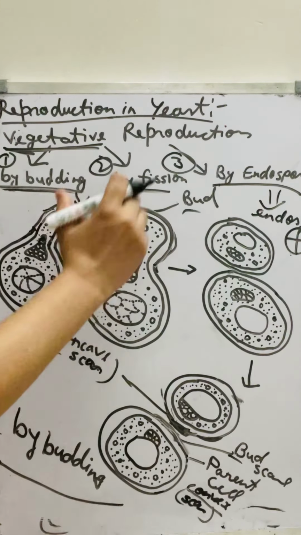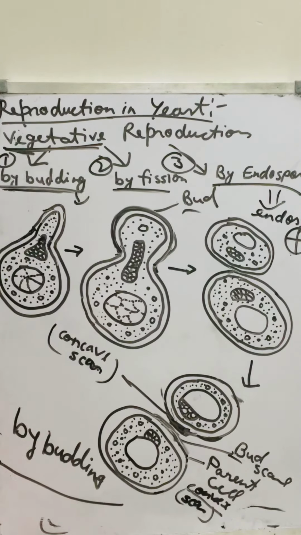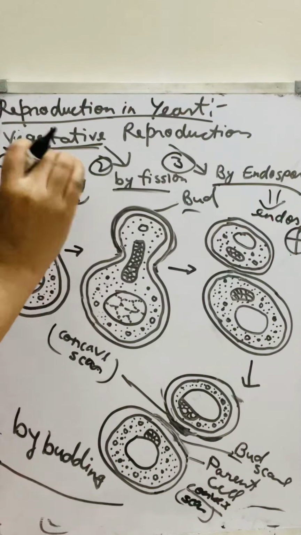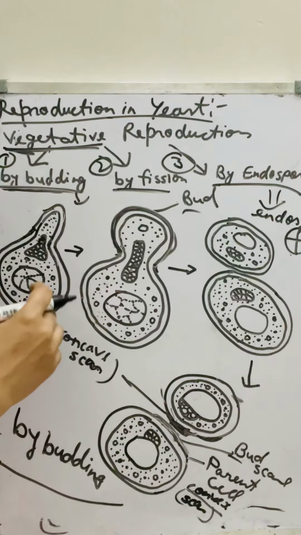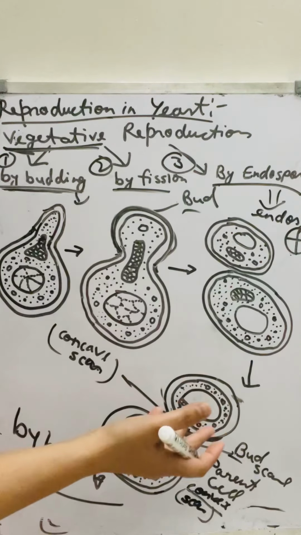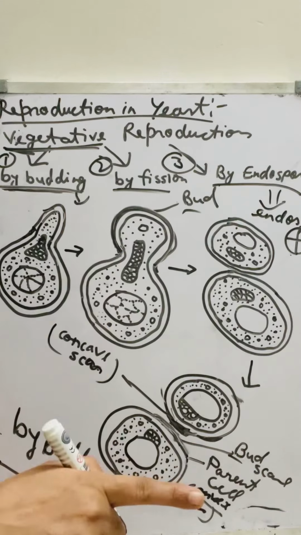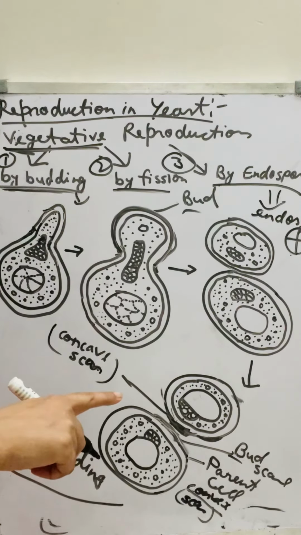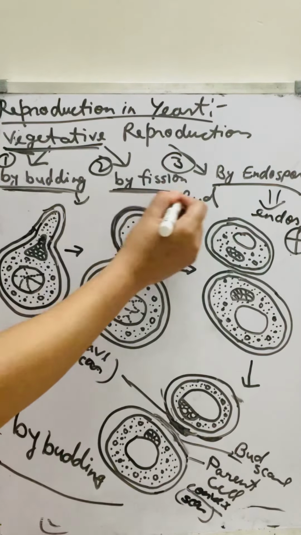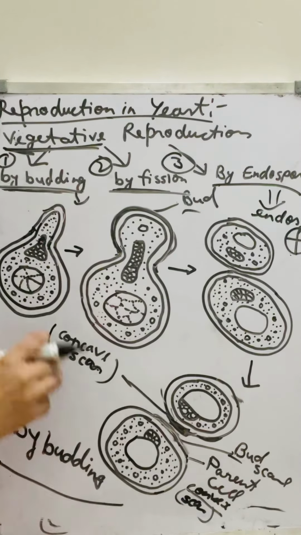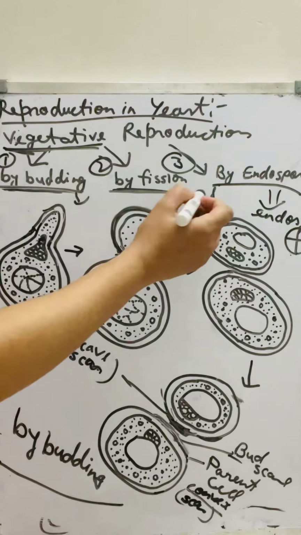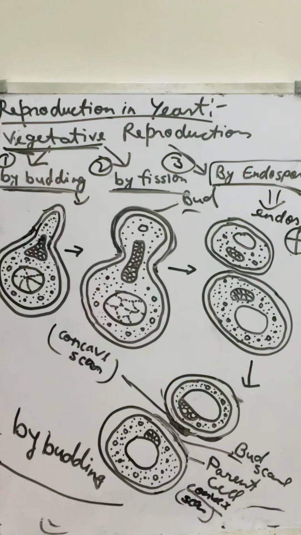The fission process is the same as the budding process, but the difference is that one cell is divided into two daughter cells, one will be the parental cell and another will be the daughter cell. So fission is the same as the budding process, and endospore is a little different.